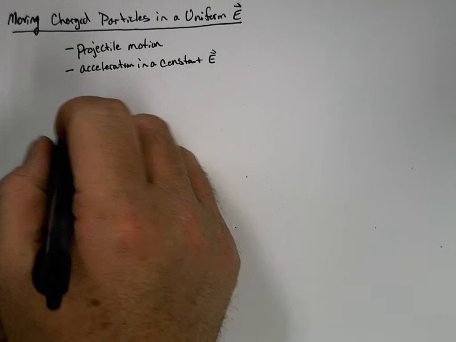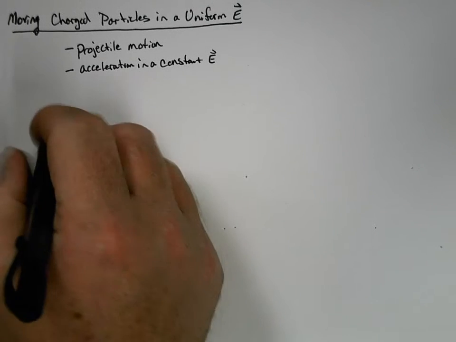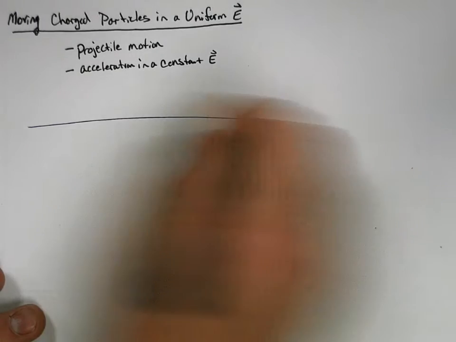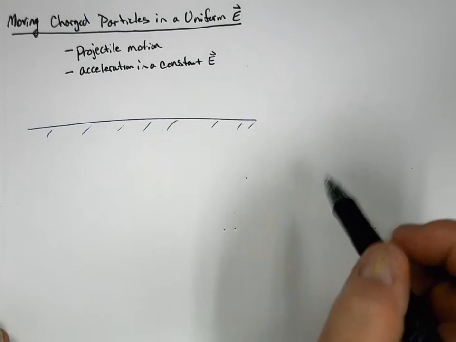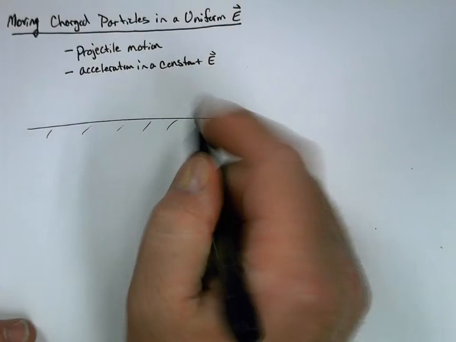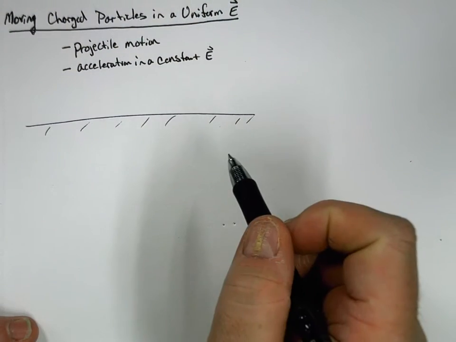So, if we launch a particle in a gravitational field, okay, and here's our field of gravitation with all the little waving grains of gravity.